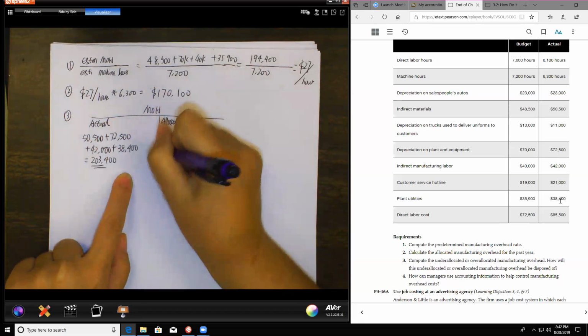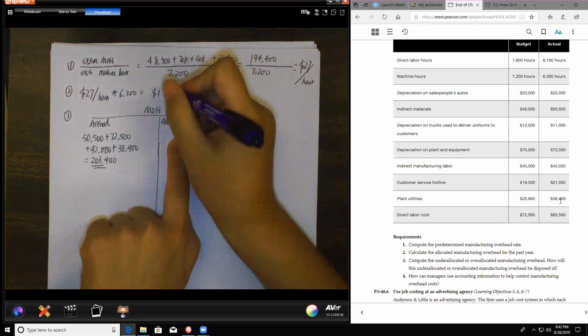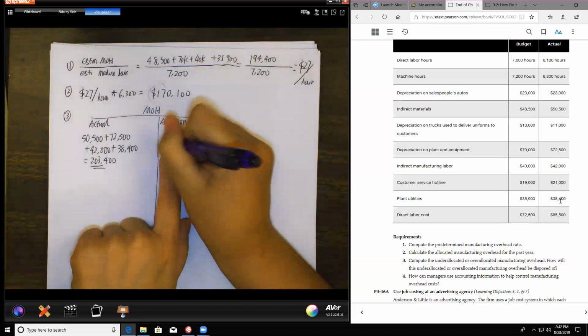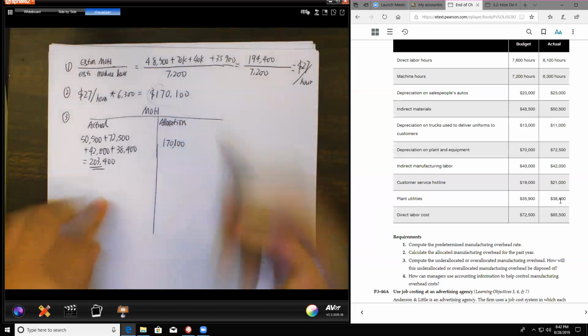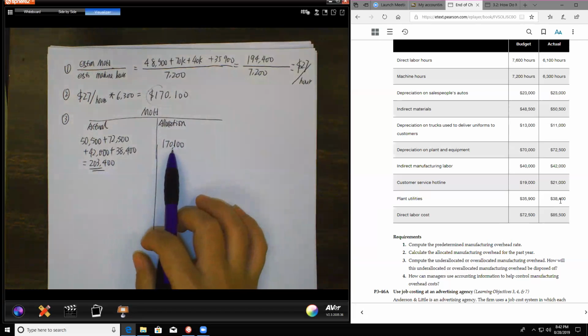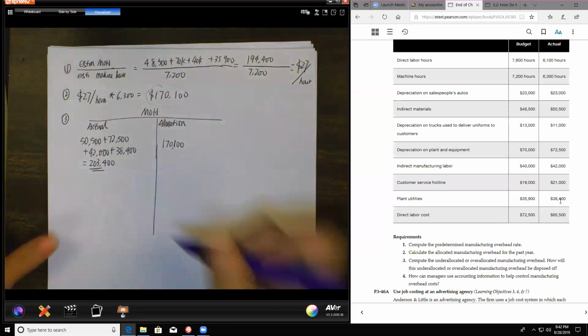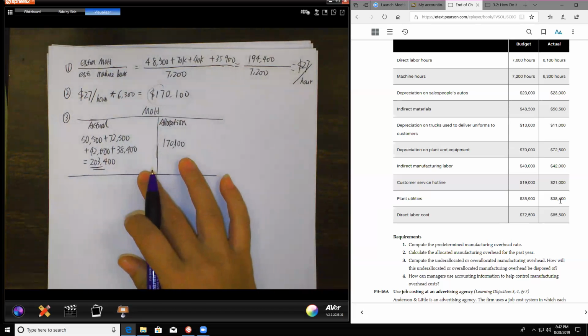So that's the actual. And we only allocated how much? We allocated 170,100. So actual is more than 200,000, and allocated is only 170,000. So actual is larger than our allocated.